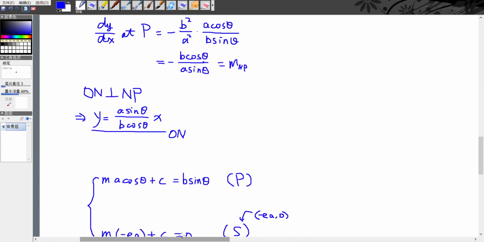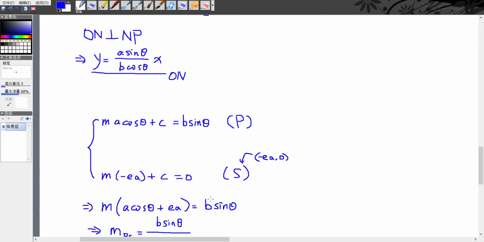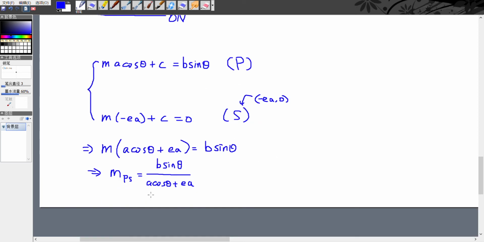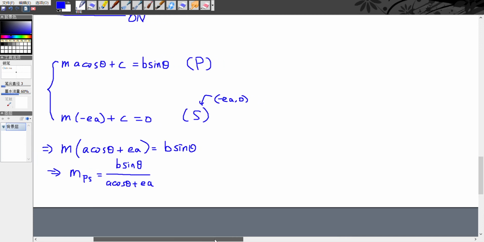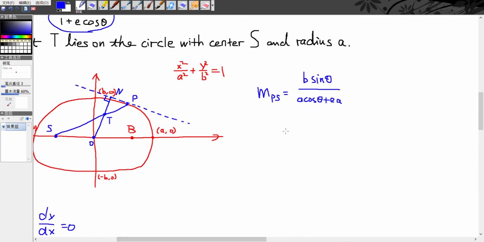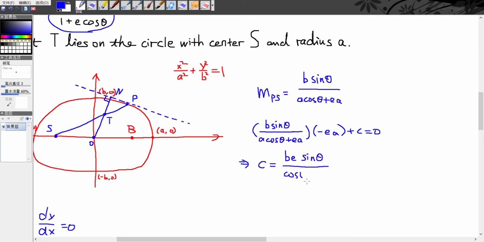And from the relation we get from S, we can just substitute the value of m we already have to evaluate the value of c. So here's what we have: b sine theta over a cosine theta plus ea times negative ea plus c is equal to 0, which gives us that c is equal to b e sine theta over cosine theta plus e.